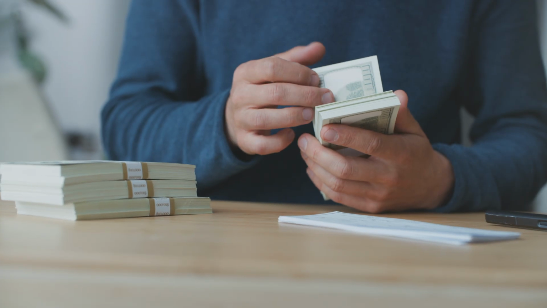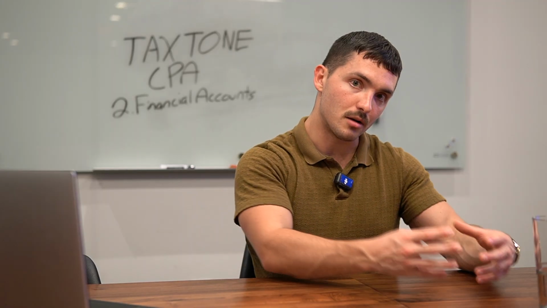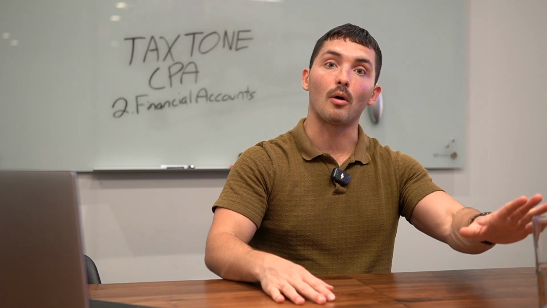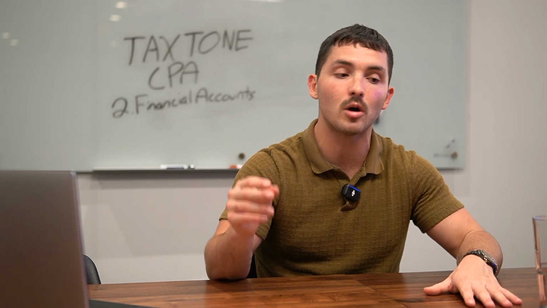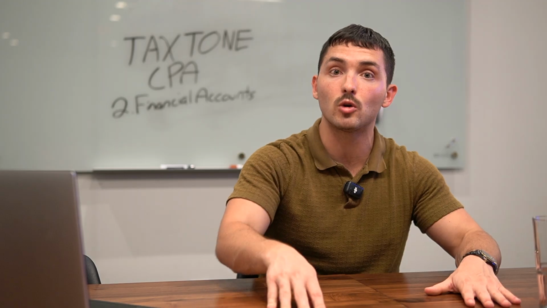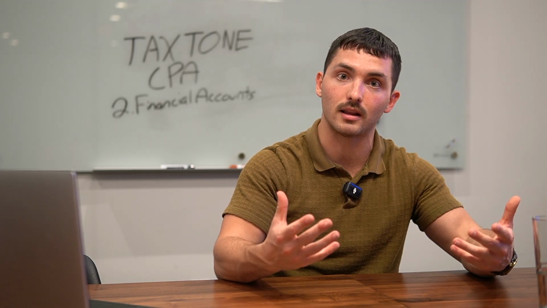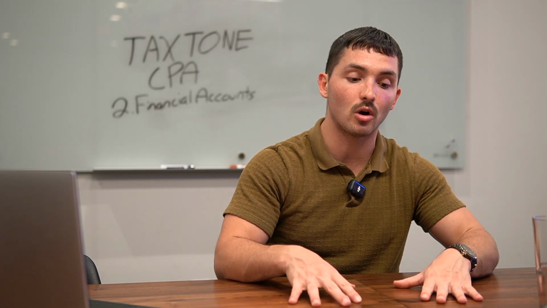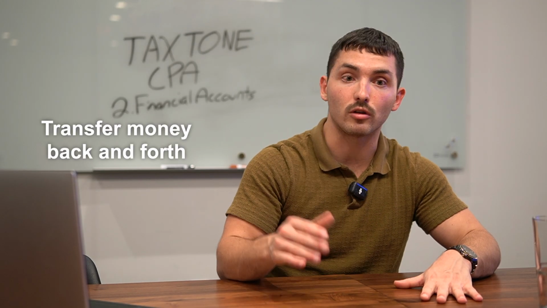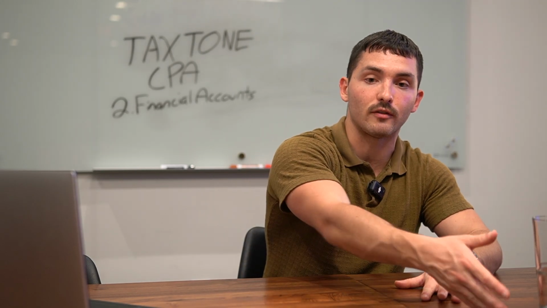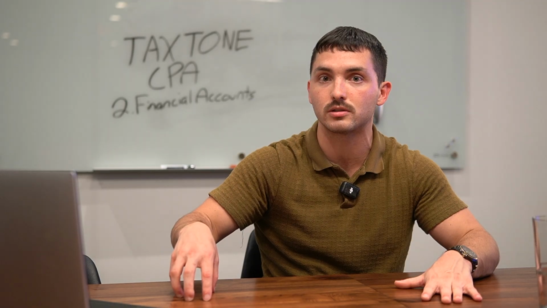Whenever your business needs money that maybe you're holding personally, you can take that money personally and put it into your business account. If you're a partner in a partnership or a shareholder with multiple shareholders in an S Corp, or a shareholder in a C Corp, it can be a little bit more complicated than that, but the majority of you should know, just transfer money back and forth. Don't just incur transactions on behalf of your business out of your personal accounts, or vice versa.